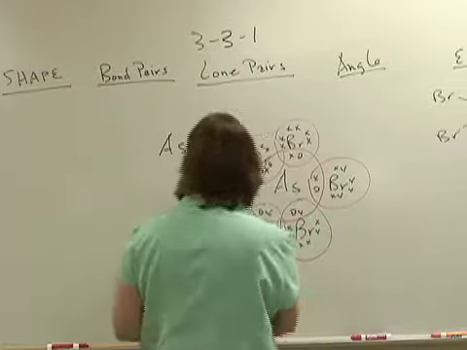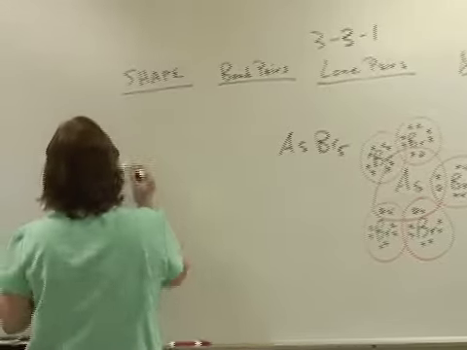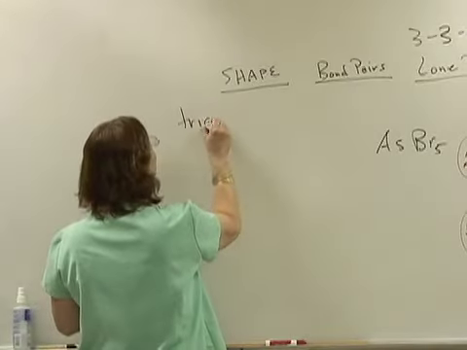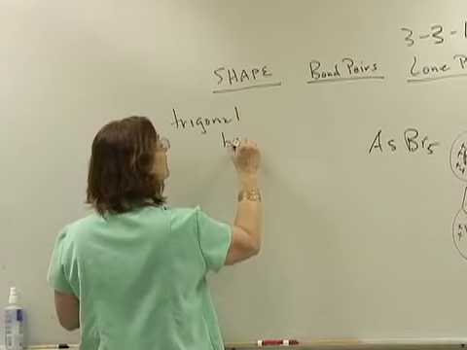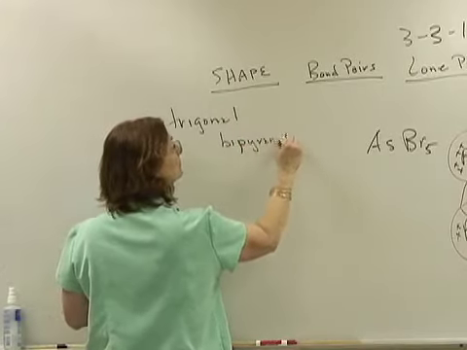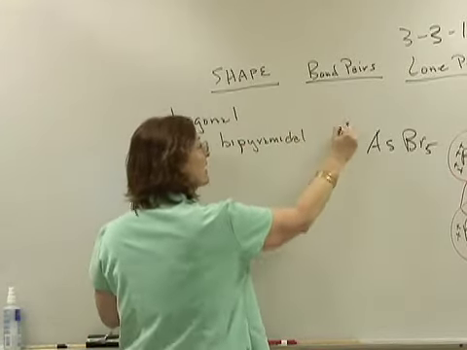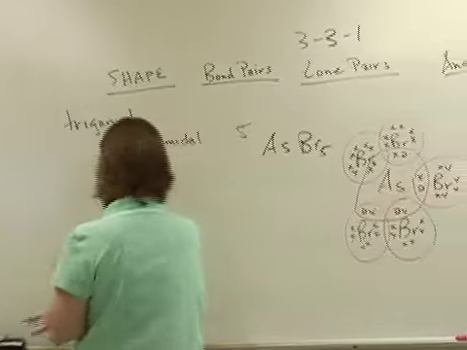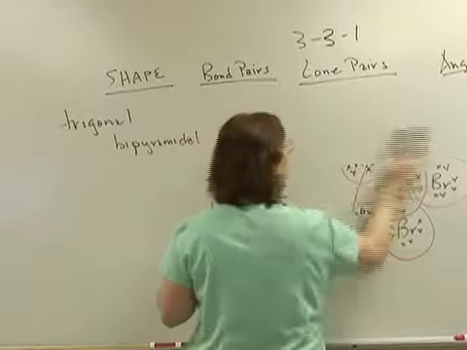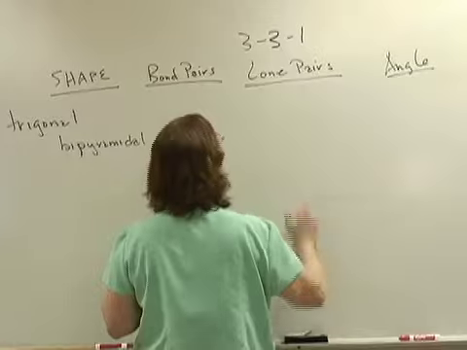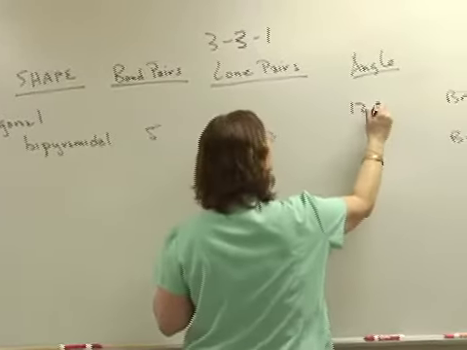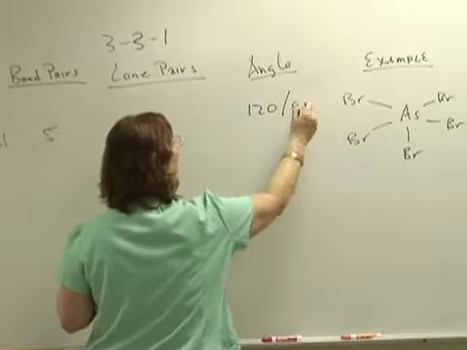And this name is kind of fun: trigonal bipyramidal. We had 5 bond pairs and no lone pairs, and we had 120 and a 90-degree angle.